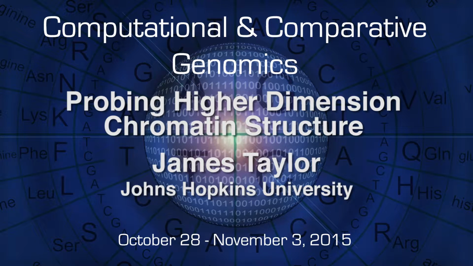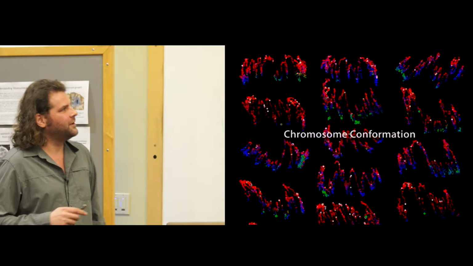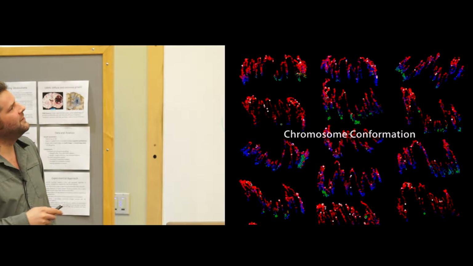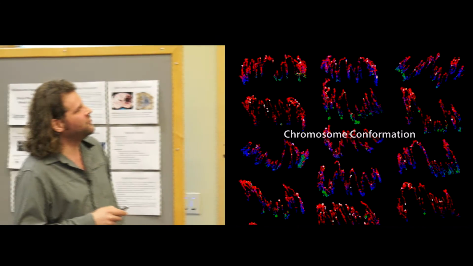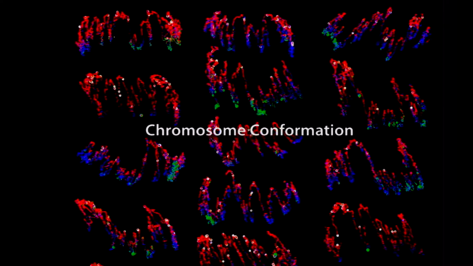So this lecture is going to be about some ways that we can use sequencing to understand organization of chromatin in the nucleus. The picture here is actually a reconstruction. These are mouse chromosomes reconstructed from 3D interaction data, and so you can think of this as an ensemble.